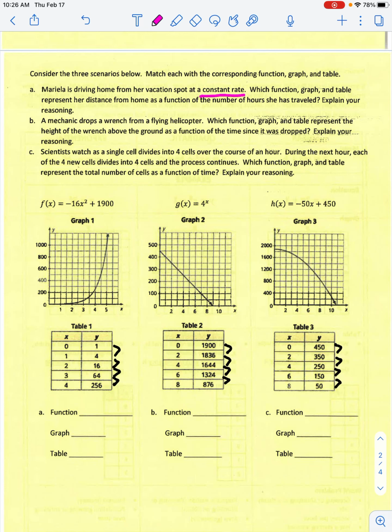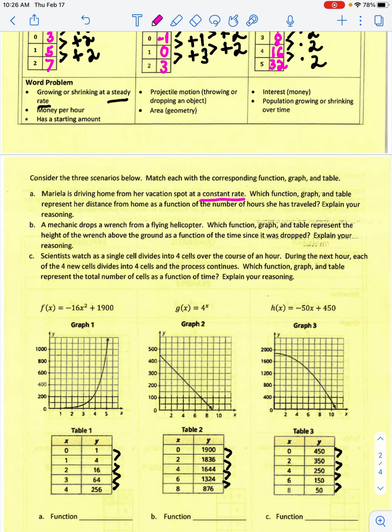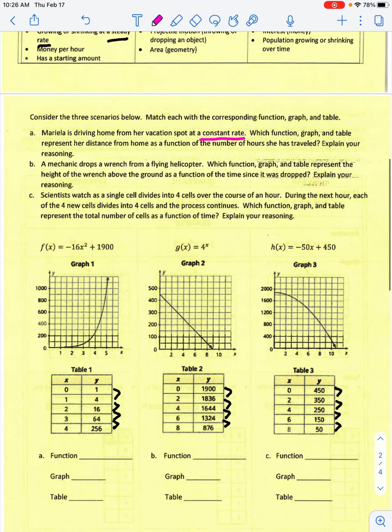In B, a mechanic drops a wrench from a flying helicopter. Which function, graph, and table represent the height of the wrench above the ground as a function of time since it was dropped? And again, from what we just saw above, that is looking like projectile motion as the wrench is being dropped from the helicopter. So that makes me inclined to think that the model is quadratic.